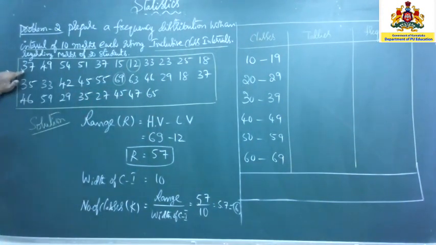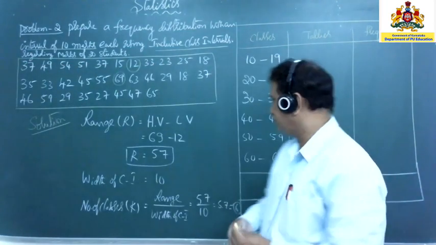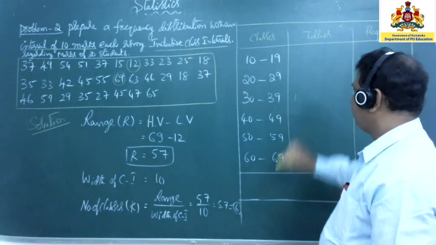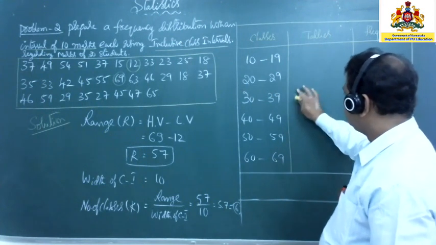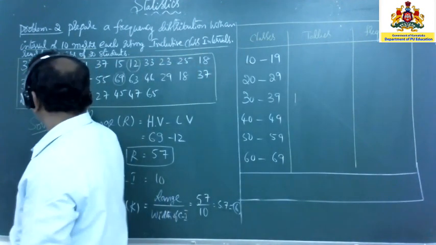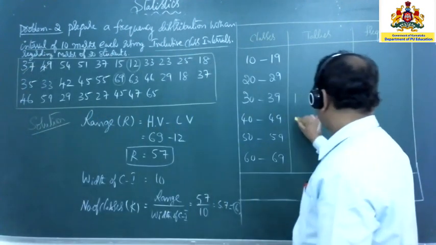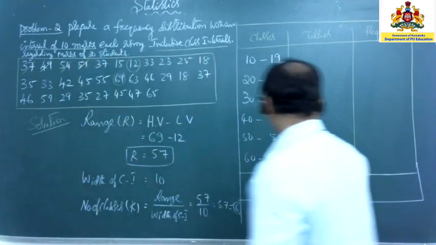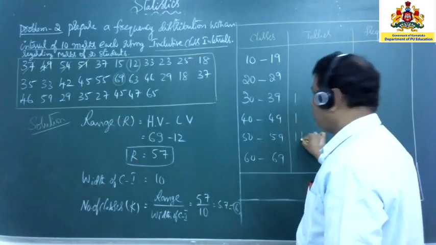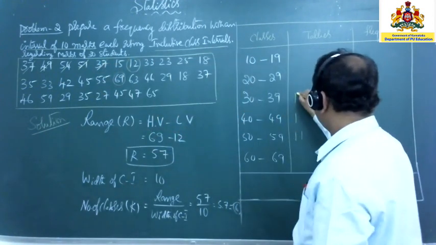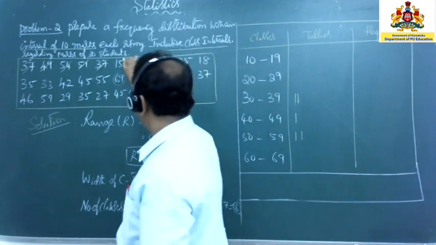Now you have to start the tally marks. The first value is 37. 37 lies between 30 to 39. Next, 49. Next, 54 and 51. Next, 37. Next, 15.